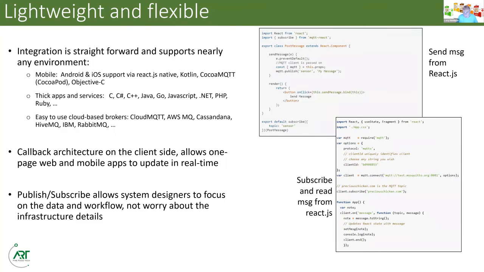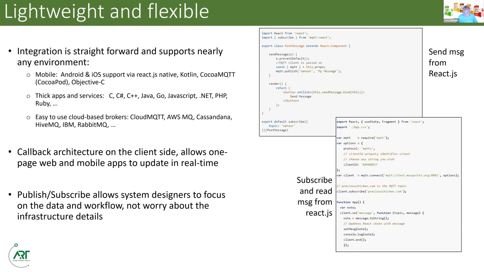And then lastly, the major advantage of MQTT that I see is the lightweight nature and flexibility of the software. Looking at 3 integration points: mobile, thick apps and services, and then the broker itself. It's got a wide variety of support for mobile, from native React to Java and Kotlin on the Android side, to CocoaPods and CocoaMQTT on the iOS side.